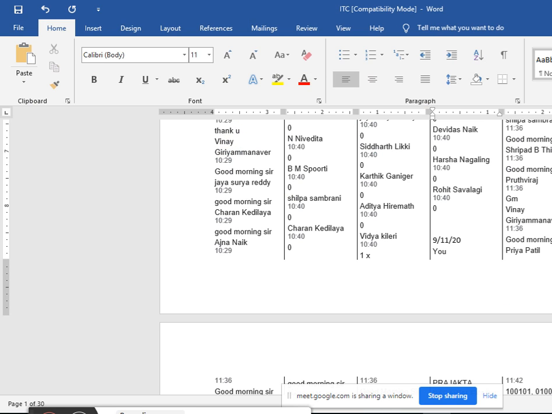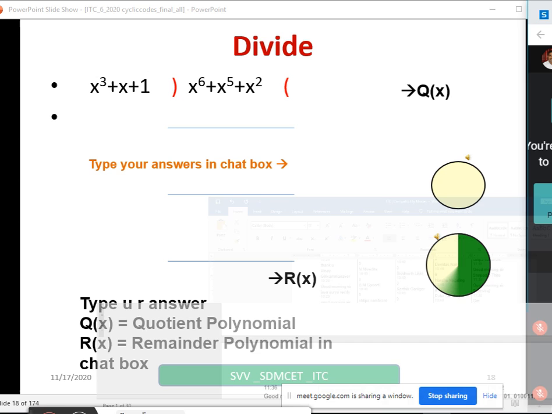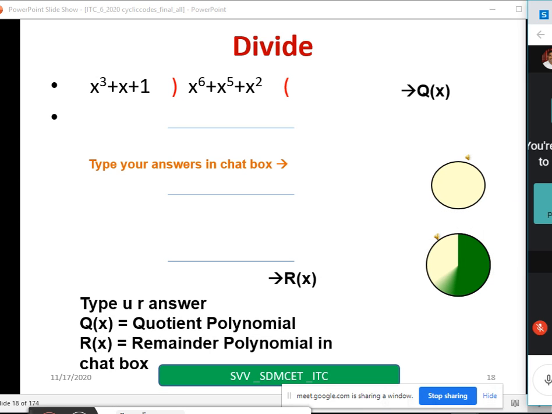Let me check if somebody has typed the answer. You can type Q followed by a polynomial. Even though it is wrong, no problem, because I have not yet taught you.